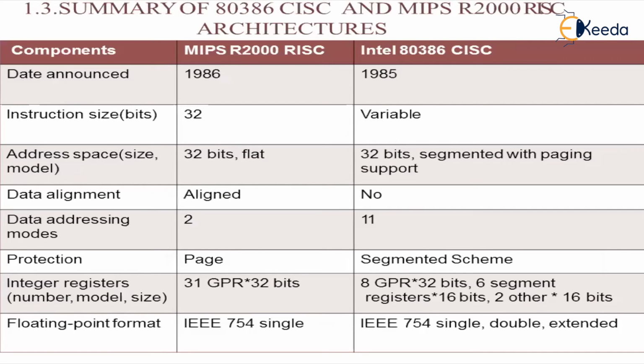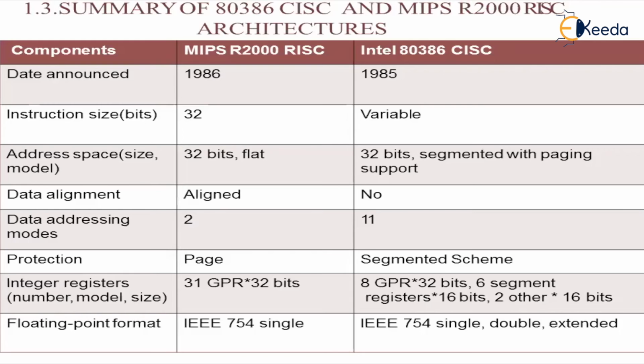Now, let us have the summary of the architecture comparison between the MIPS R2000 RISC and Intel 80386 CISC. The date of the announcement was 1986 for RISC and 1985 in case of CISC.